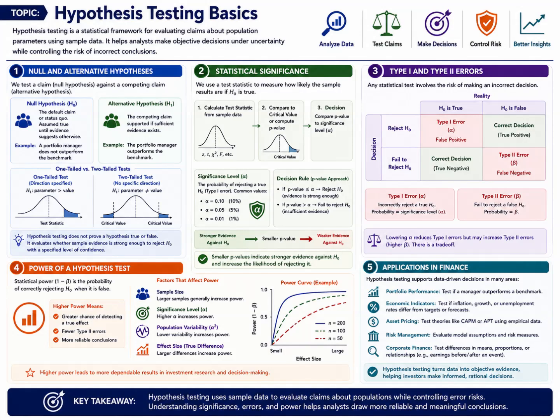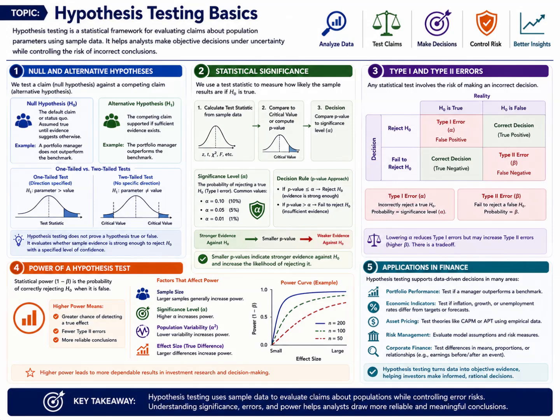The topic emphasizes that statistical inference allows analysts to draw conclusions under uncertainty while controlling the risk of incorrect decisions. Understanding hypothesis testing is essential for financial research, portfolio analysis, economic forecasting, and investment decision-making because it transforms data into objective and measurable evidence for analytical conclusions.